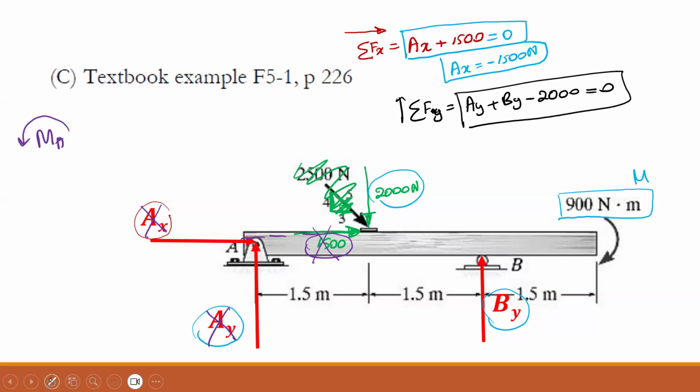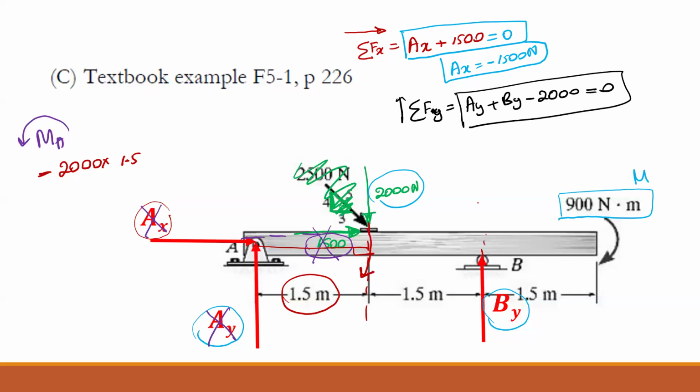So now if you write this, for the 2,000, if you extend the line of action of the force and draw the perpendicular line, the perpendicular distance is 1.5. So we can say 2,000 times 1.5, and it's going in the clockwise direction, so it is negative.